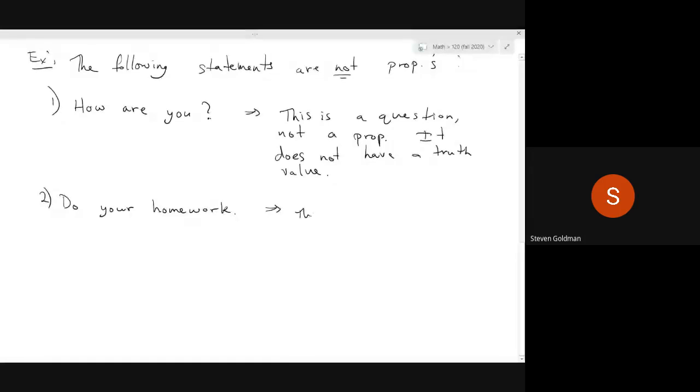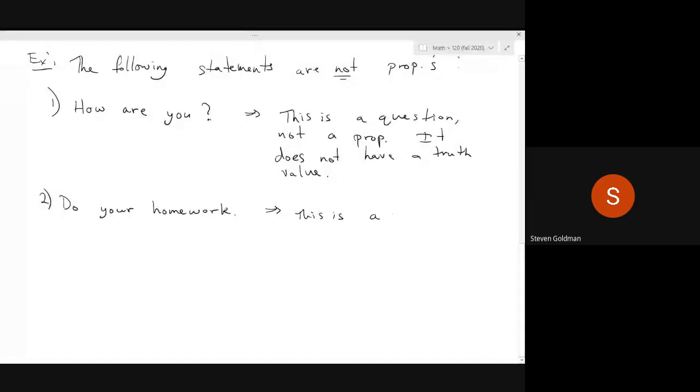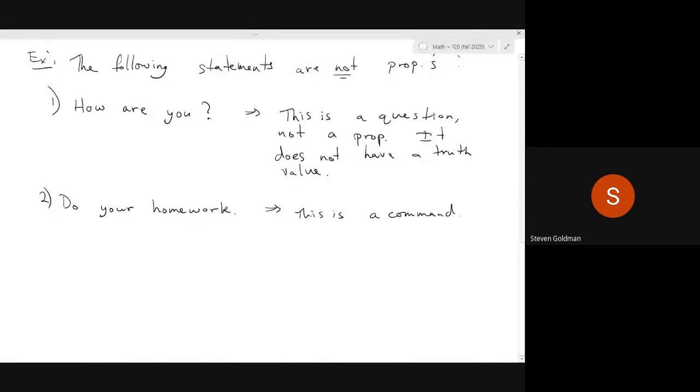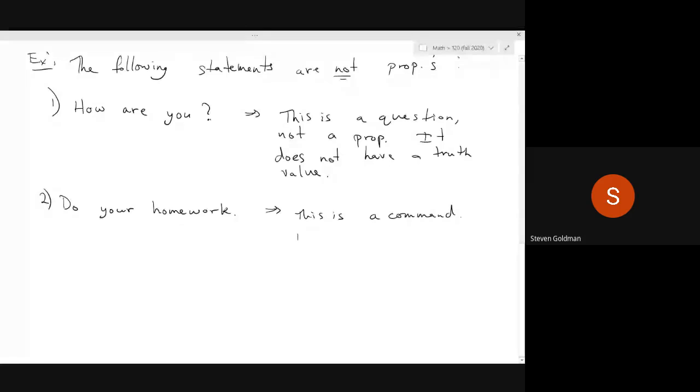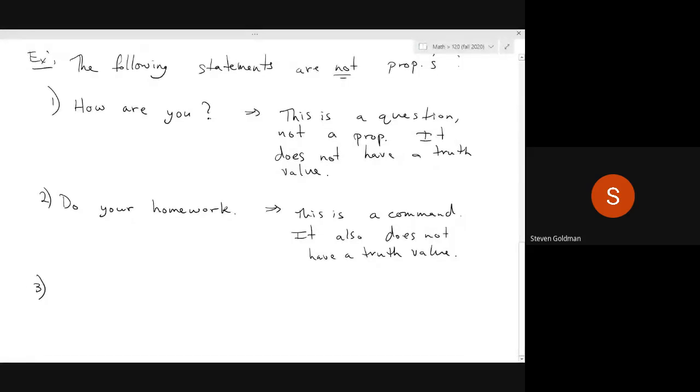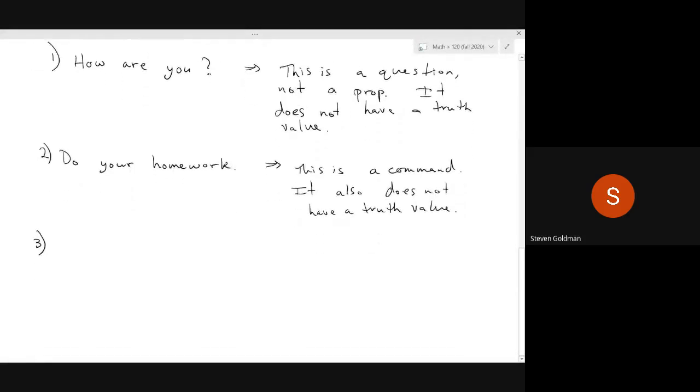So this is a command. It also does not have a truth value.